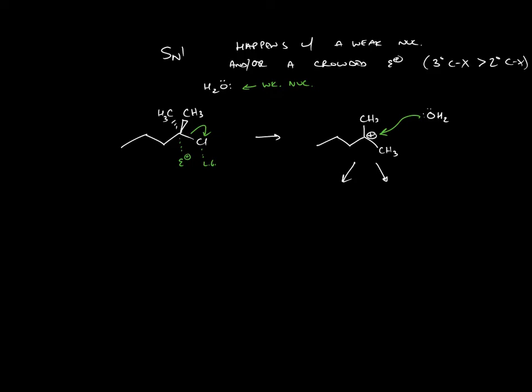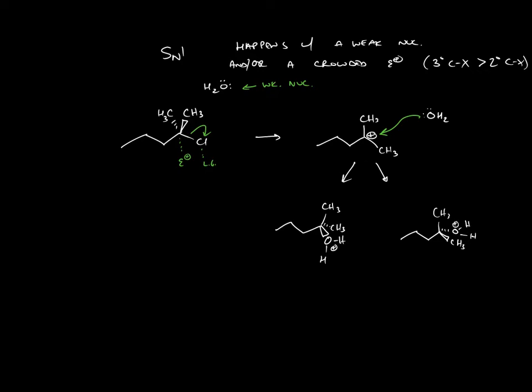So if that guy attacks from the front, we would have something like this. It would be an OH2 with a plus charge. And then we would have a methyl group there and a methyl group right here. It could also attack from the back. And in this case, the carbon isn't chiral, so these will both be the same molecule, but it can matter if that carbon was chiral.